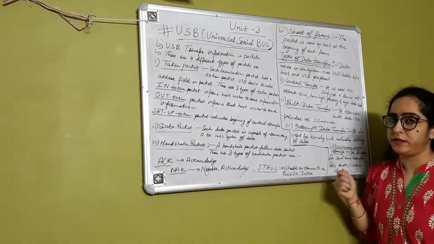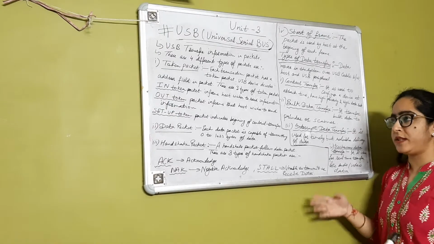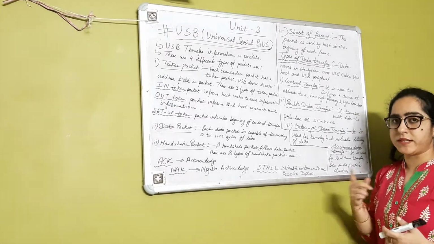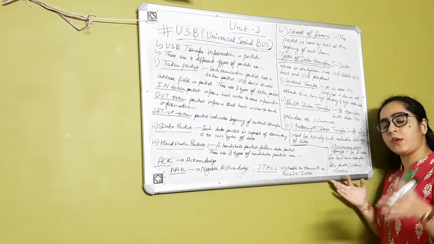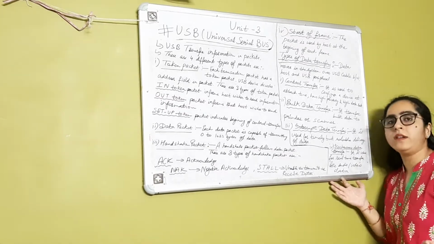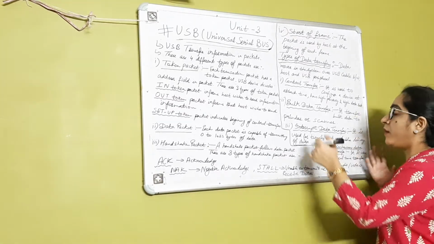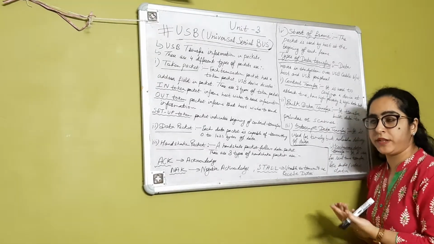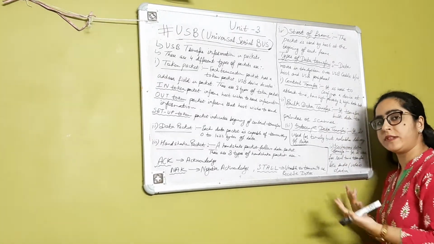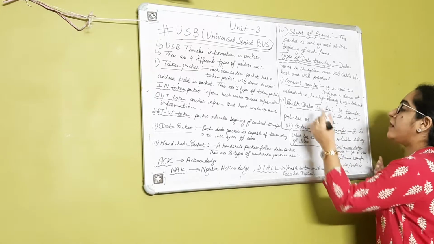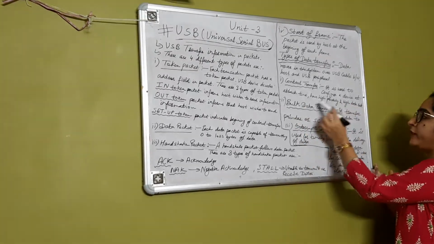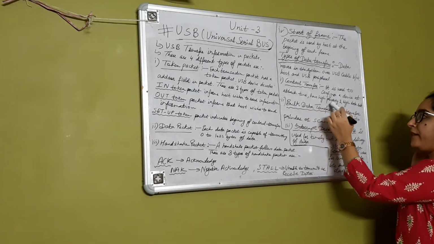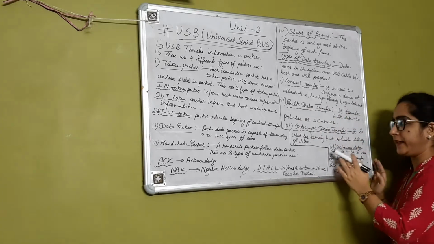When we insert the pen drive, you see it will start showing the installation, and once it is installed, it will be shown in your folder. That is plug and play technology. You need not do it manually, everything is done automatically. So it is used to configure a device at attached time having high priority and high data rate.